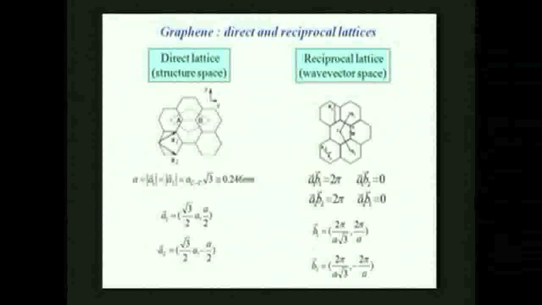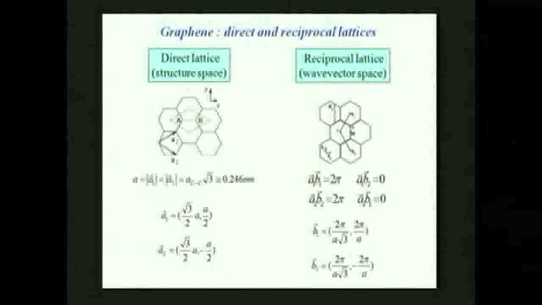You can see B1 and B2 with respect to A, where A is the norm of this vector. That is the reciprocal lattice of graphene. The unit vectors are B1 and B2. You can place hexagons around the origin of the lattice.